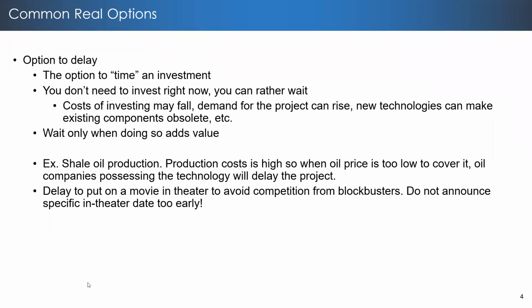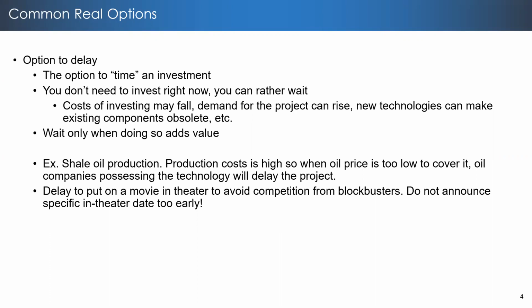So let's say the movie is expected to come in the theater in March of 2021. Because of the COVID situation and the vaccines coming in, if the production company can delay it to, let's say, sometime in September, maybe it will be much better for the company. The revenue from the theater may be much higher. Then the option to delay putting on a movie in the theater is very valuable for the project.